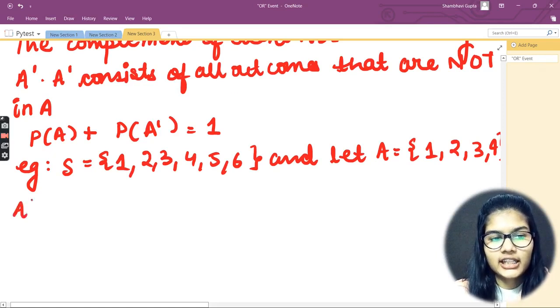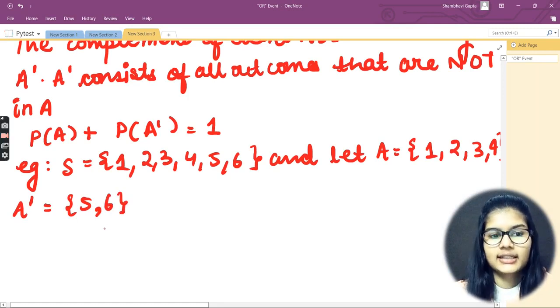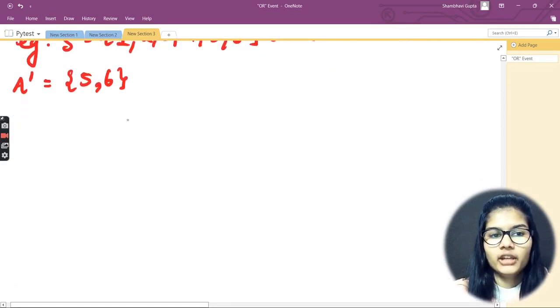Then in that case, A prime will be equal to 5, 6, because 5, 6 are the numbers not occurring in A. This 5, 6 will be my A prime, the complement of A.